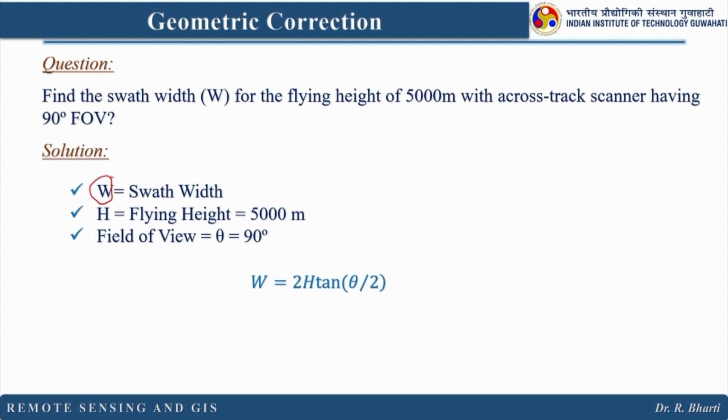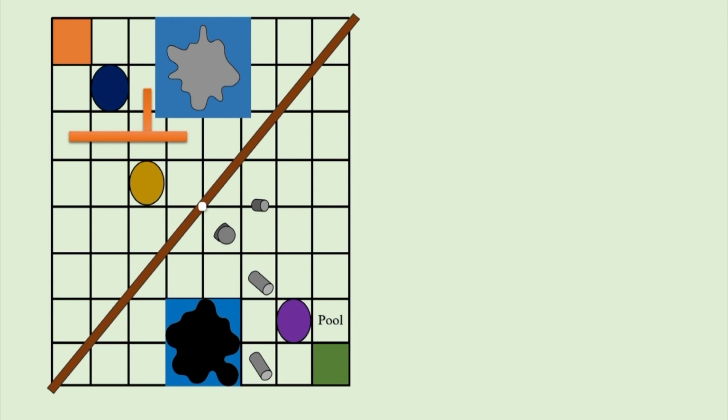So, W is equal to 2H tan(theta/2), and here H is basically 5000 meters and theta is basically 90 degrees. So, theta/2 will become 45, and then you can calculate W is equal to 10,000 meters, right.